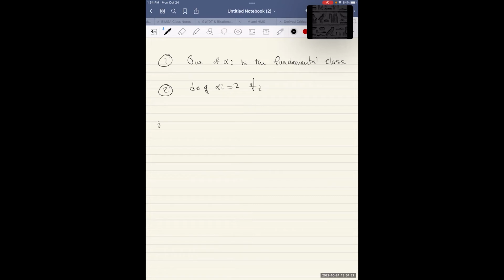Okay, so the first part is by the fundamental class axiom, equivariance axiom. I'm not going to write it because you can follow the argument, equivariance axiom and point mapping axiom.